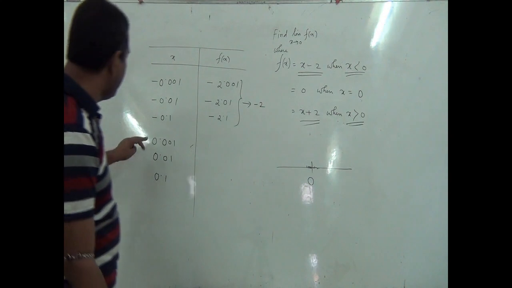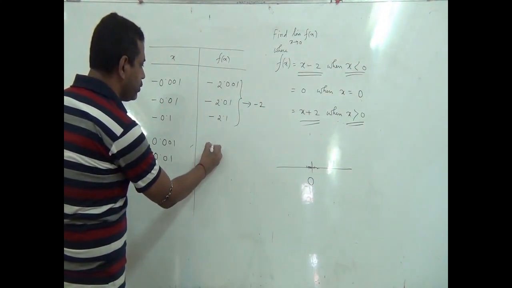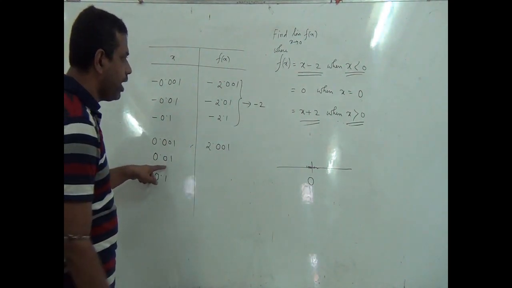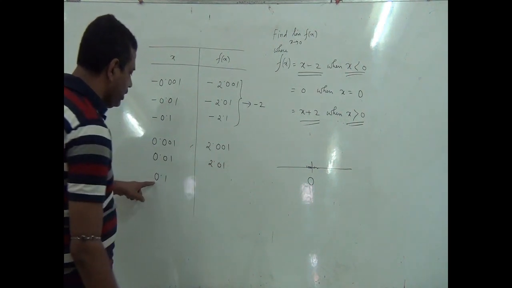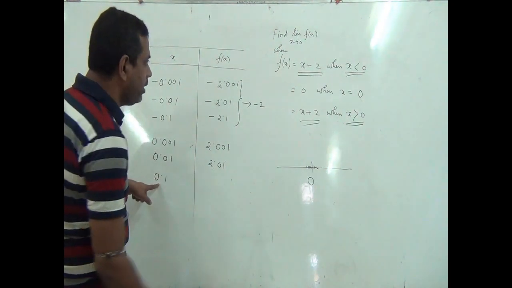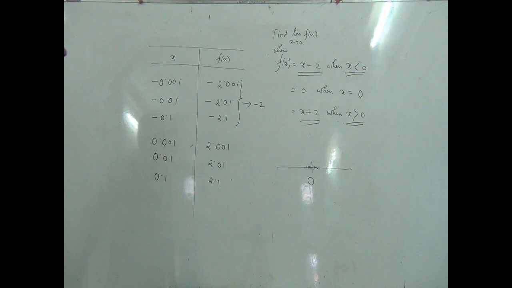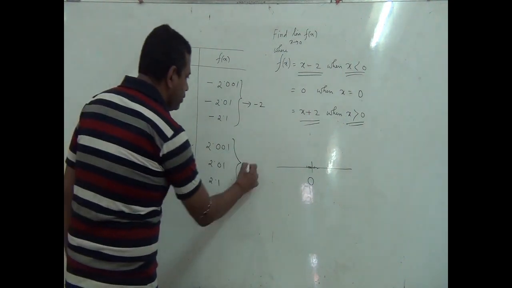So when x is 0.001, our f of x is 2.001. When x is 0.01, our f of x is 2.01. And when x is 0.1, then f of x is 2.1. Now when x is greater than 0, our f of x tends to 2.